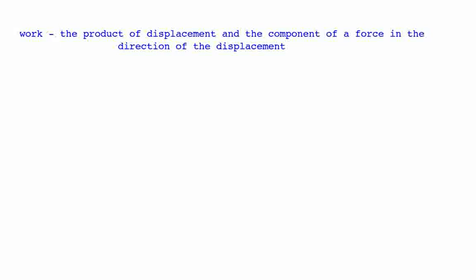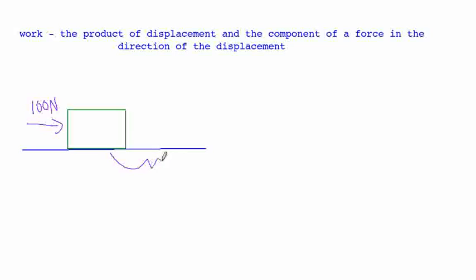Suppose we push the box across the floor. Let me make a diagram of that. Let's say that we pushed with 100 newtons, and let's say that the box moved 5 meters.